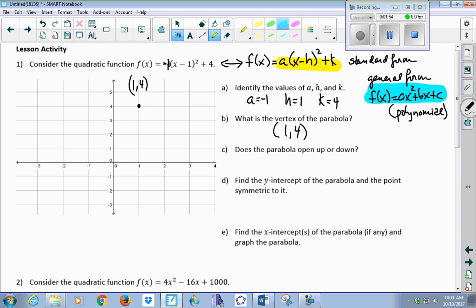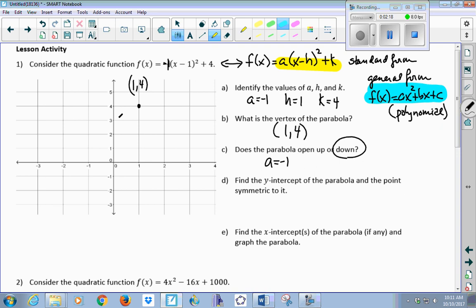Now we have to determine if this point is going to be a minimum point or a maximum point, a relative min or a relative max. In this case, it will be a turning point. We know that. We just want to see what type of turning point it is. So does the parabola open up or down? Well, since a is negative, a equals -1, we know our parabola opens downward.